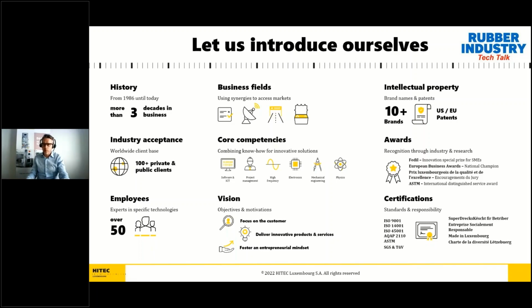We are a small medium enterprise with over 50 employees, most of them engineers or with a technical profile, with different competencies which cover 6 main areas: software and ICT, project management, physics, mechanical engineering, electronics, and high frequency. We are customer focused and our objective is to deliver innovative and high added value products and services.